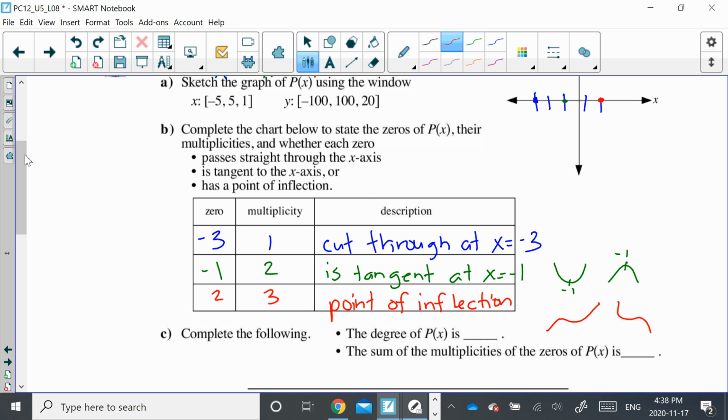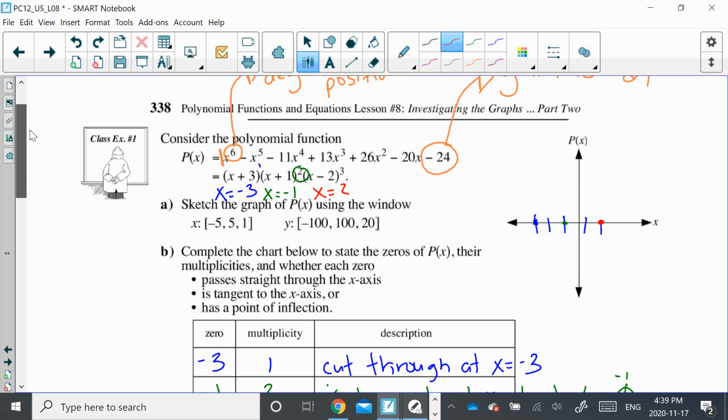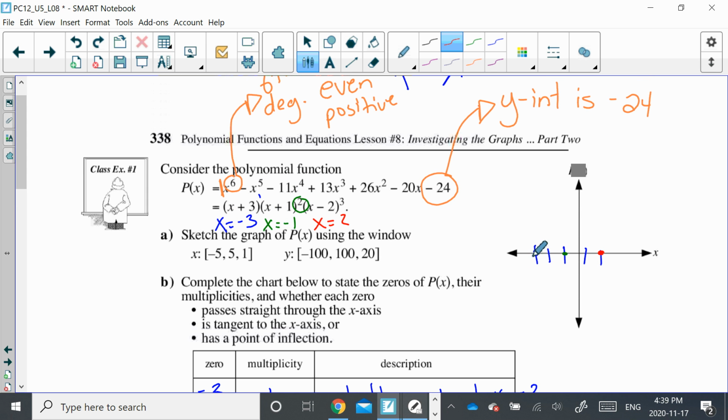Okay, so how we figure this out is we know that these are my x-intercepts. The other thing I know is my y-intercept, so I'm going to put that on my graph, negative 24. My graph has to go through this point here.